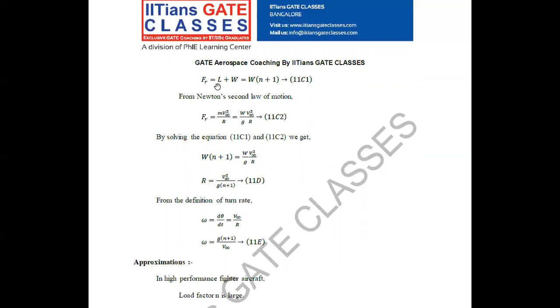When we equate both equations, W into n plus 1 equals W by g into V squared by r. From this, radius of turn can be written as r equals V squared by g into n plus 1. From the definition, turn rate is the local angular velocity of the airplane, V infinity by r. When I substitute turn radius in this equation, turn rate becomes g into n plus 1 by V infinity.